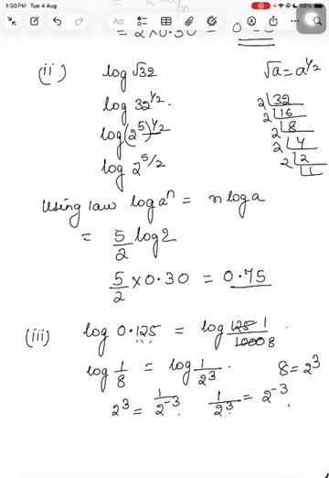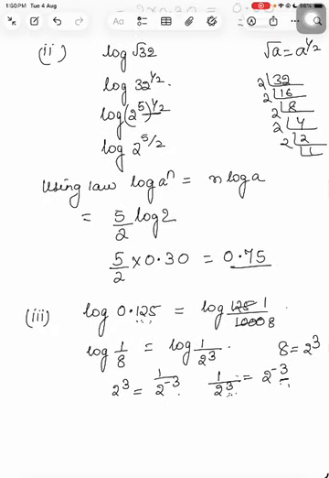When you change the numerator to denominator and denominator to numerator, if the power is positive, the power becomes negative, and if the power is negative, it becomes positive. Right? So log 1 by 2 raised to the power 3 can be written as log 2 raised to the power minus 3.